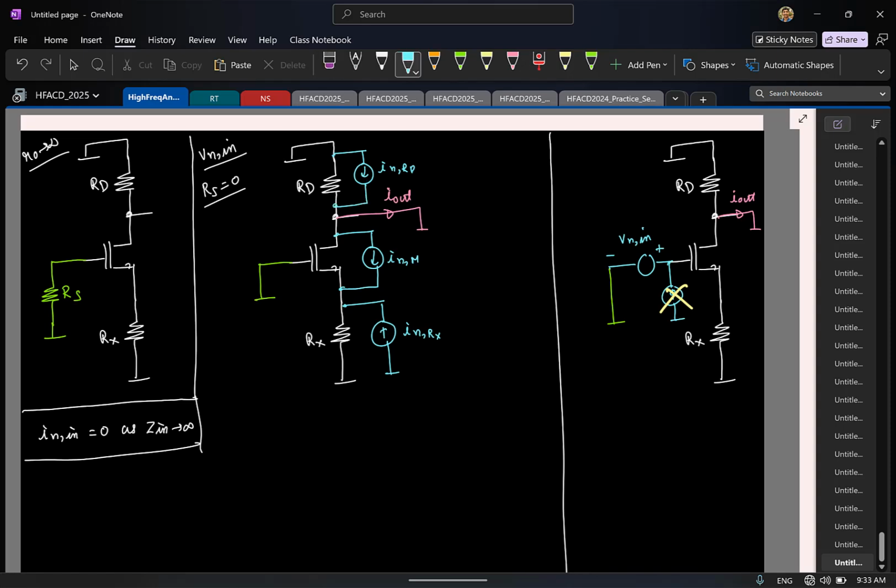How much of this noise current In of RD flows to the output? Entire current flows to the output. So using superposition, I will compute one by one. So this is In of RD, this is done, so I'll take it off.